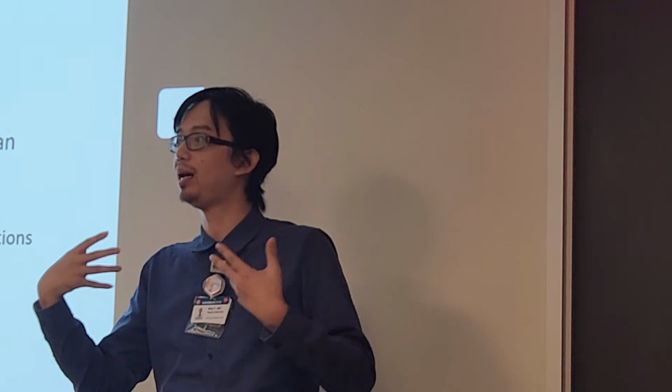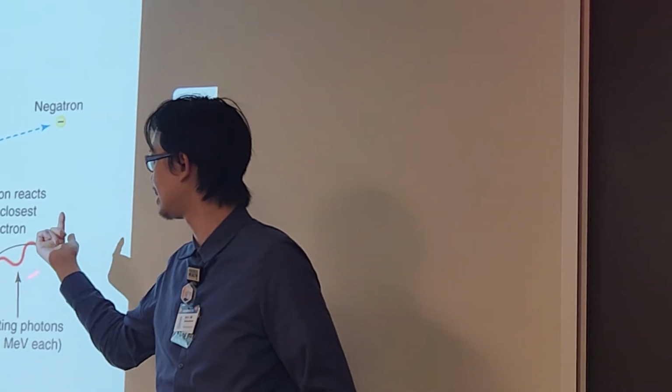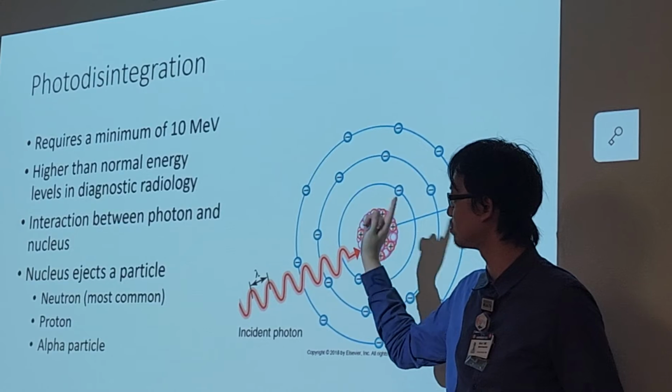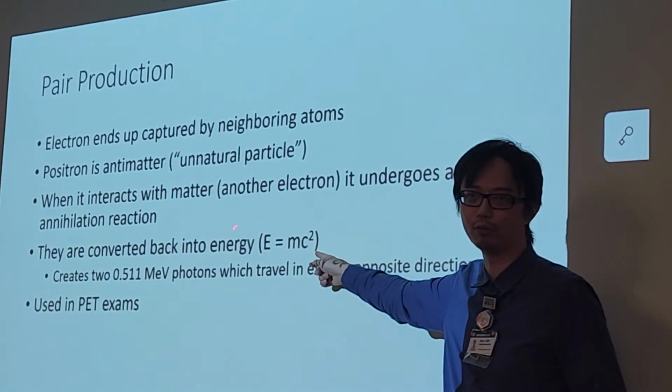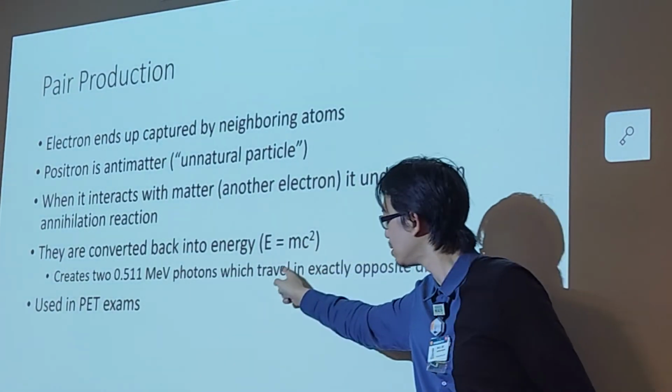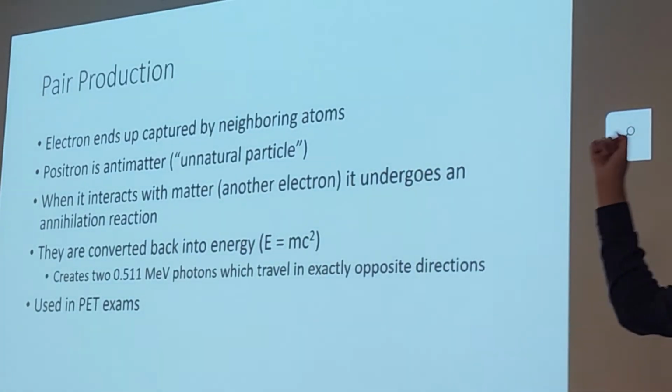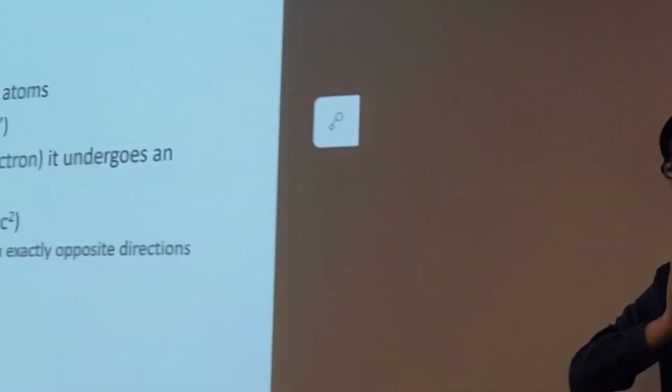We can't just get rid of mass. How do we remove matter? Back into energy. So when these two collide, they destroy each other, completely vanish, and instead create energy.